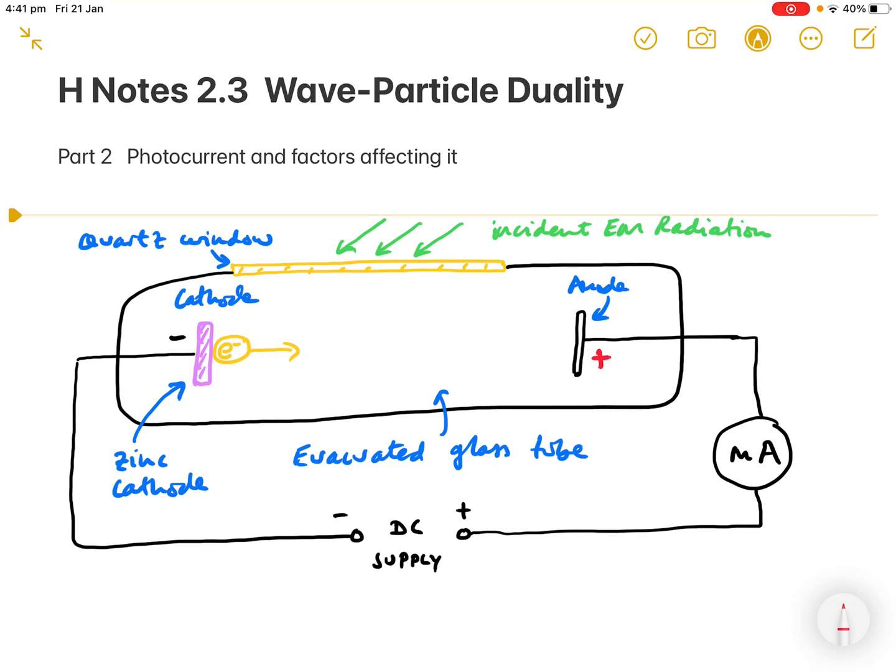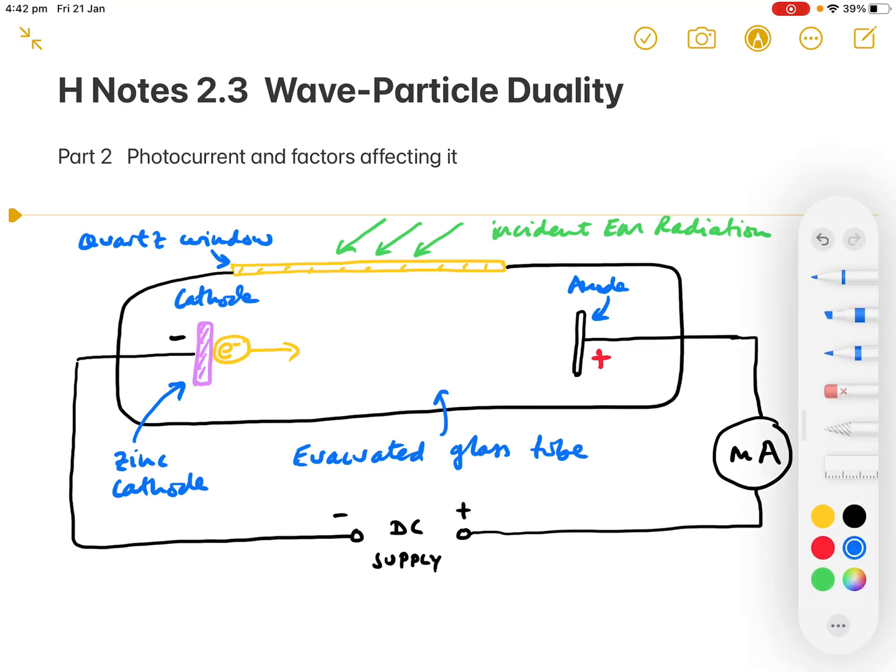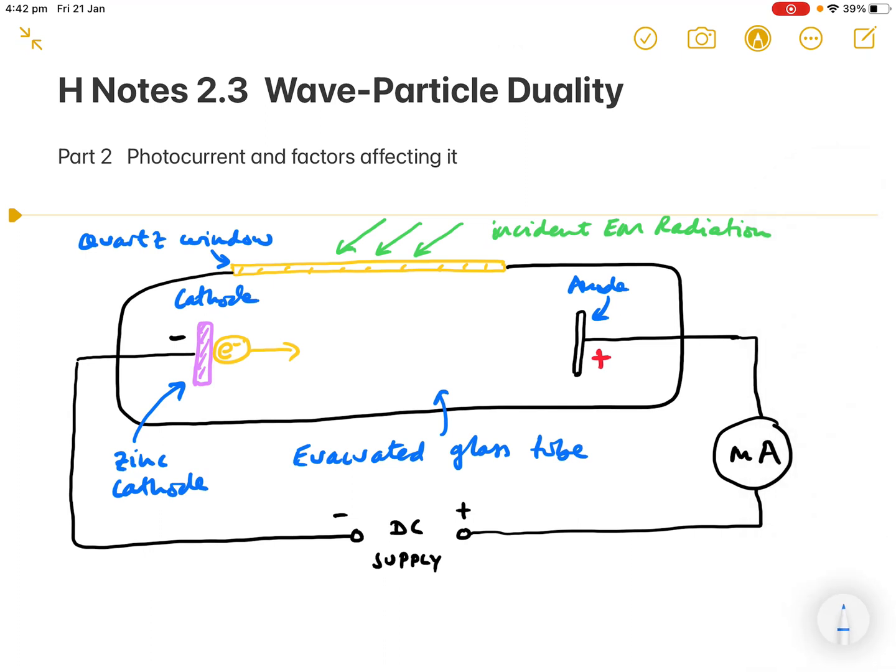And as lots of these electrons flow one after the other, we will register a photocurrent in the ammeter. So we'll show in here the photocurrent I.